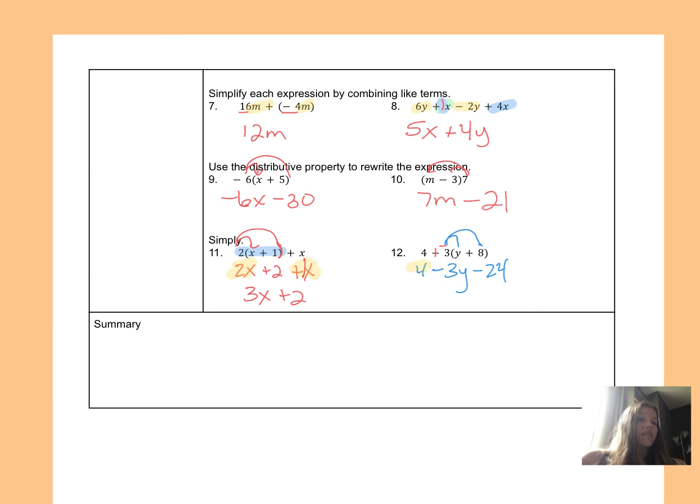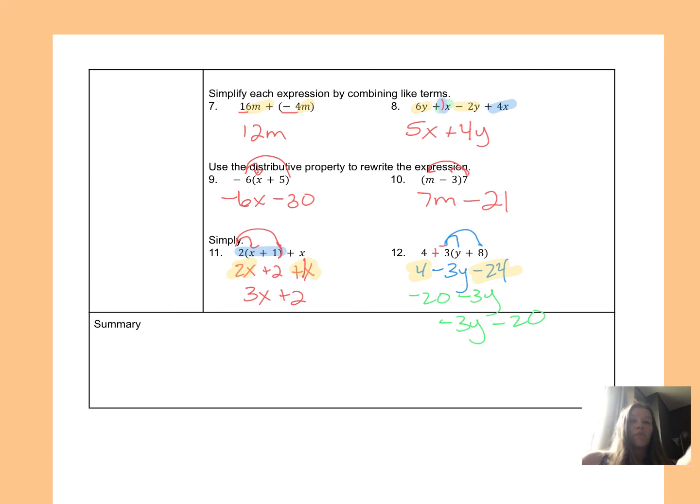It's actually the constants this time. So 4 and negative 24, the constants are like terms because they have no variable. So I can combine those together. And that's going to be negative 20. And then I'm just going to bring down my minus 3y. And again, for standard form, we want it alphabetical with constants at the end. So that's the same thing as negative 3y minus 20.